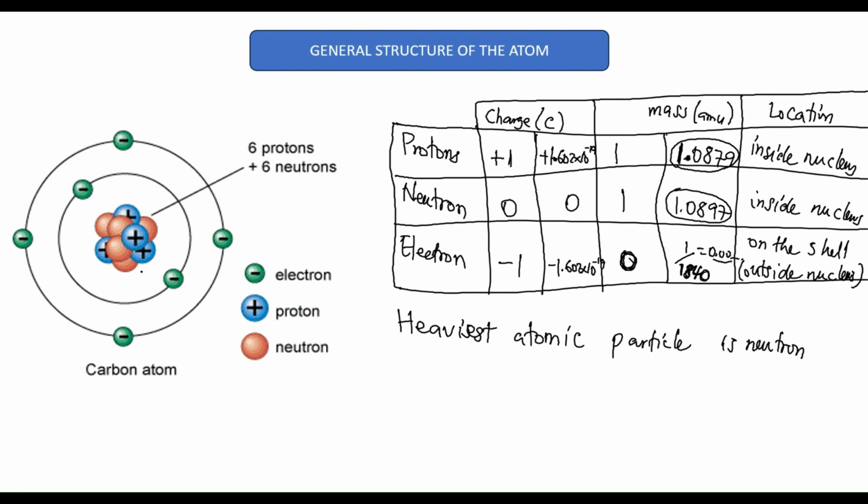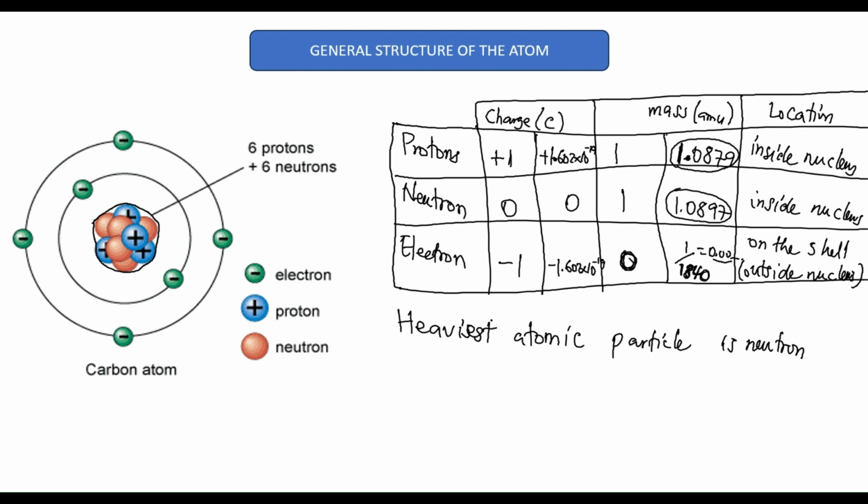Now let's go back to the atom. You see that all those that have significant masses are found in the nucleus. They are not found on the shells. The entire mass of the atom is concentrated at the center, because the particles that have masses are the protons and neutrons, and these are found only in the nucleus.